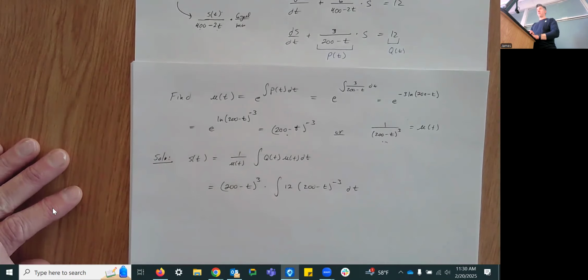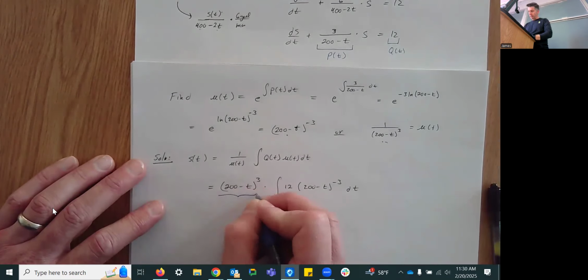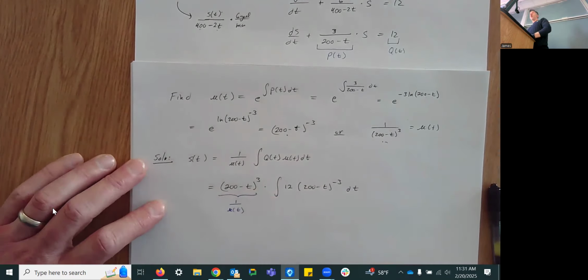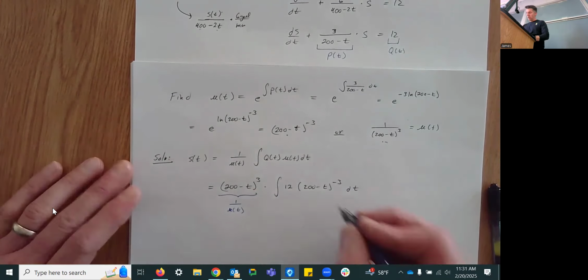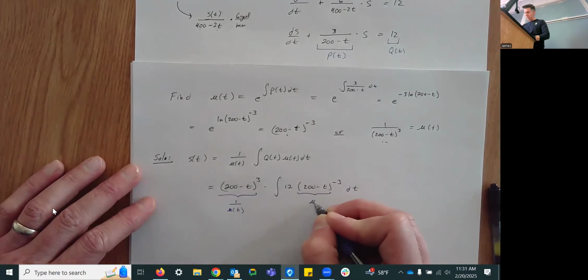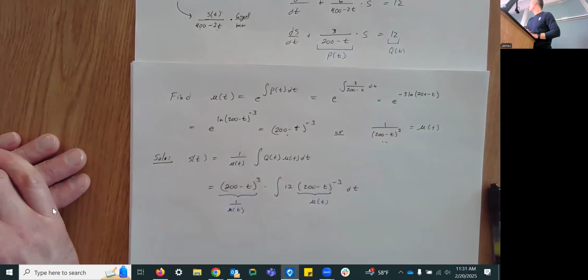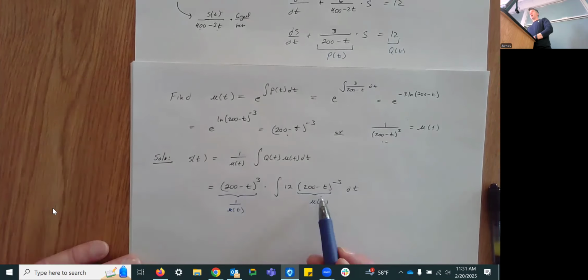It would still be negative, right? Because this right here, that's your 1 over mu of t. So 1 over 200 minus t to the negative third is the same as 200 minus t to the positive third. But here, this is just your mu of t, not adulterated. What's that? Where? No. So this one, yes.